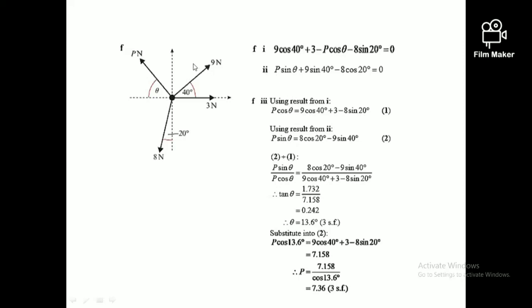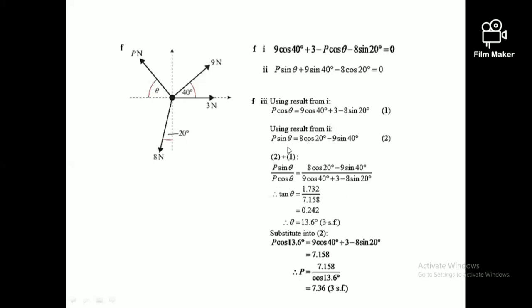Then vertical forces: 9 sin 40 plus P sin theta minus 8 cos 20 equals 0. With that, you can obtain the second one, P sin theta equals 8 cos 20 minus 9 sin 40.